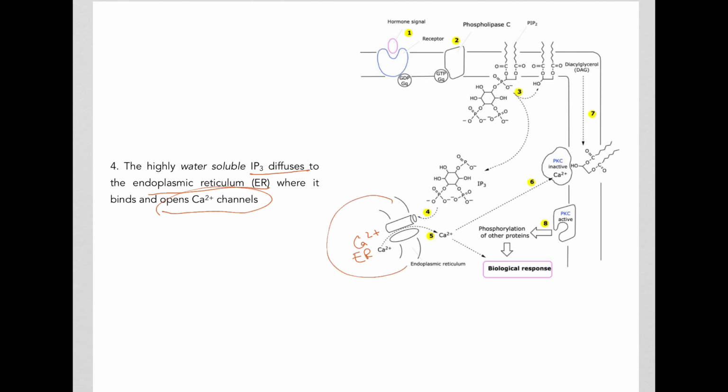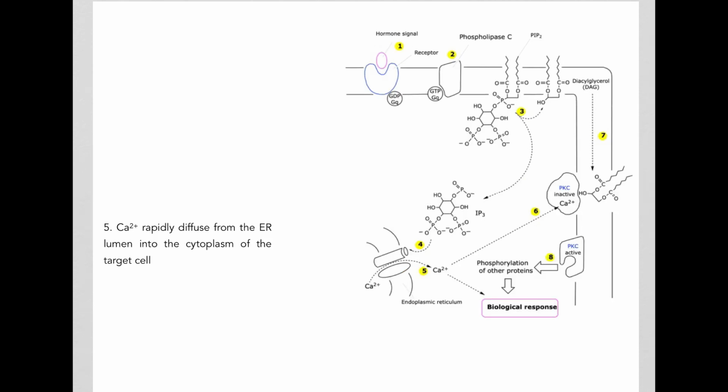So now these calcium channels will be opened by IP3. So now the calcium will travel out of the ER into the cytoplasm. So now the cytoplasm will have a high concentration of calcium.